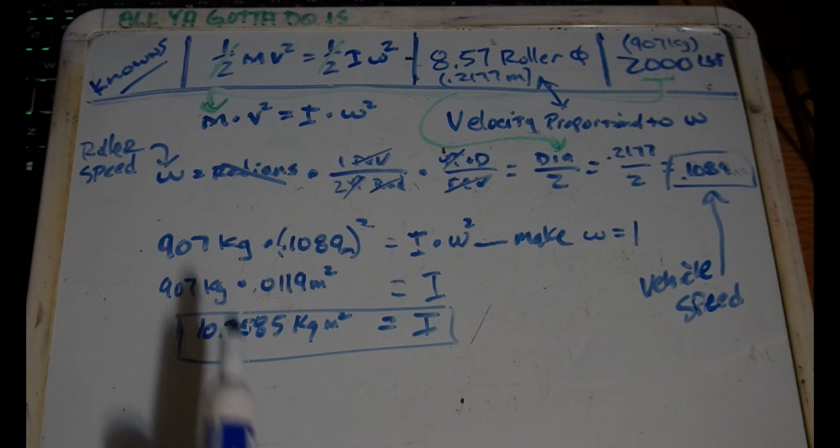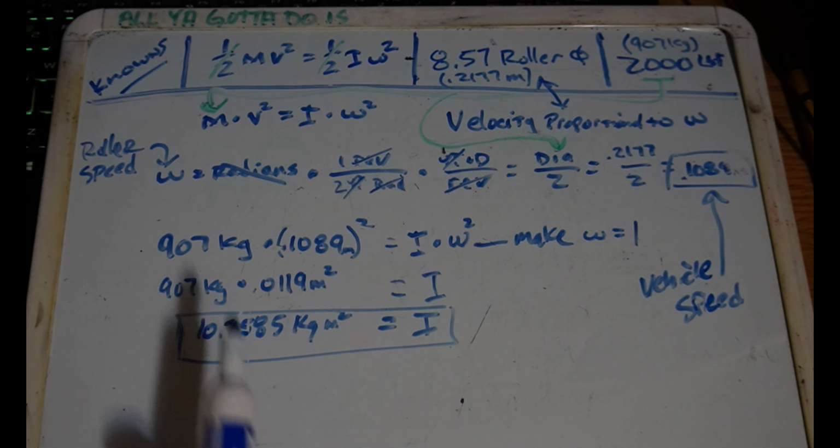I have 1/2 on each side of the equation, so I can get rid of that. I end up with mass times velocity squared equals inertia times omega squared. This inertia is what we're looking for.